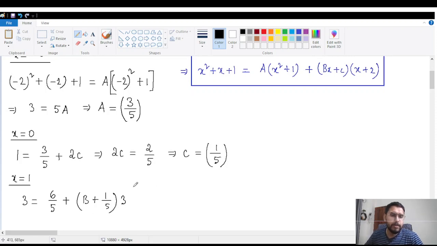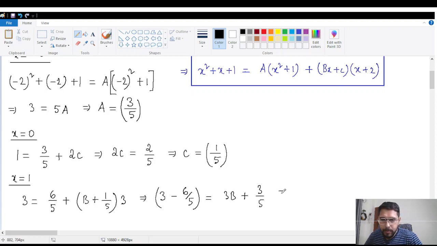So from here we can write 3 minus 6 over 5, that is equal to 3b plus 3 over 5.